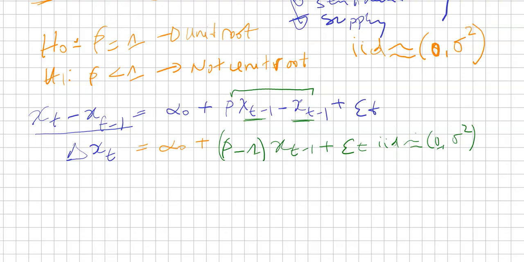We can also write it another way: the change in the price of oil depends on its intercept plus delta, replacing rho minus 1, times X_{t-1}, plus the error.